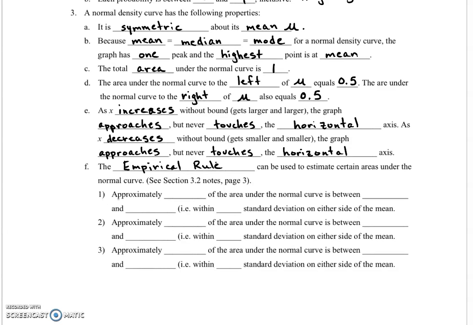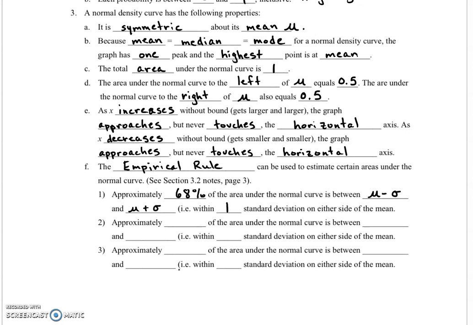So remember, 68% of the area under the normal curve is between the mean minus 1 standard deviation and the mean plus 1 standard deviation.